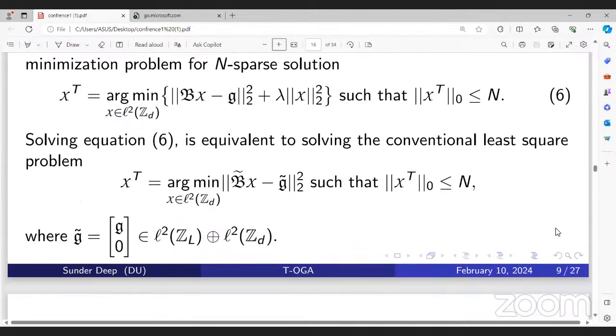Solving 6 is equivalent to solving the conventional least squares problem: x_t is the argument minimum of the norm of B tilde x minus g tilde, such that the sparsity of x_t is at most n, where g tilde is the concatenation of the two column vectors g and 0. Similarly, B tilde is the concatenation of matrix B and the square root of lambda times the identity matrix.